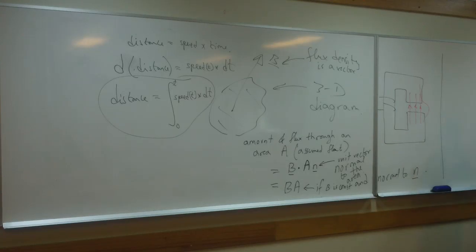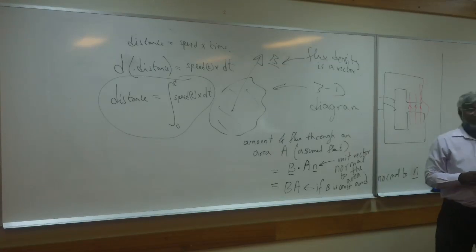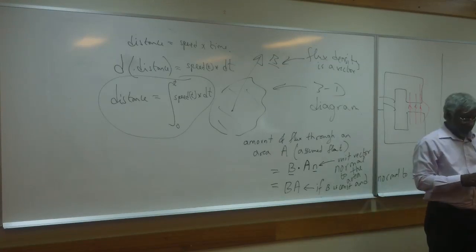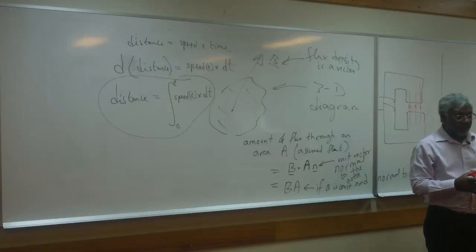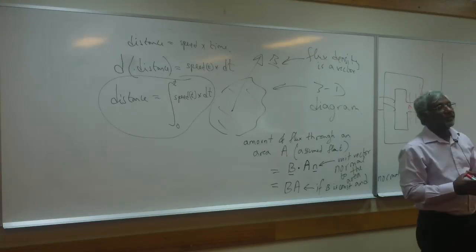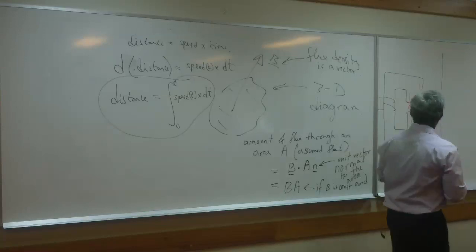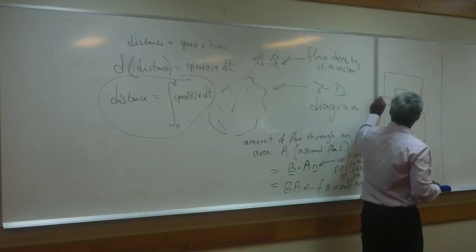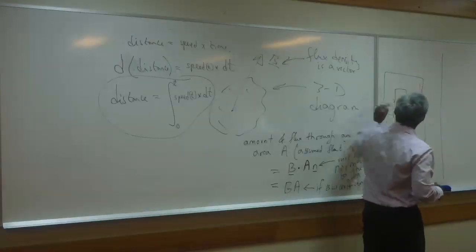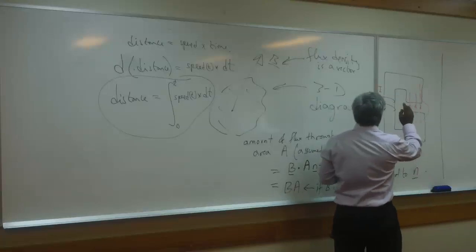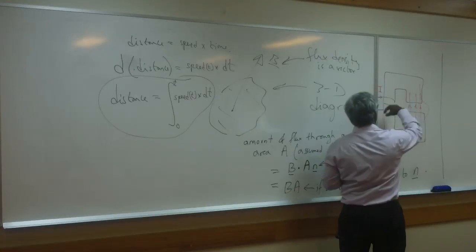And people would have made the assumption initially that amount of flux is proportional to current. So there's current going in this coil, so amount of flux is proportional to current.